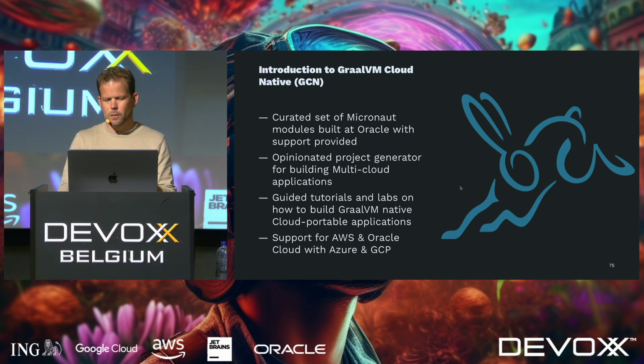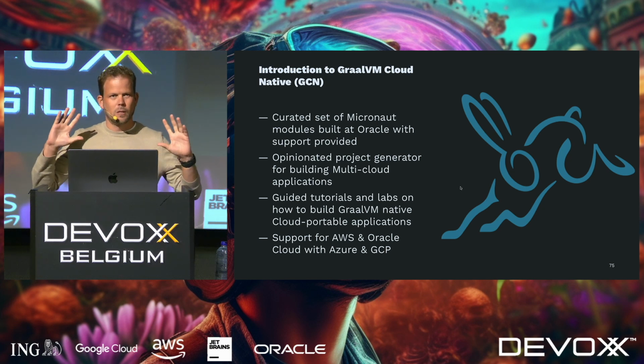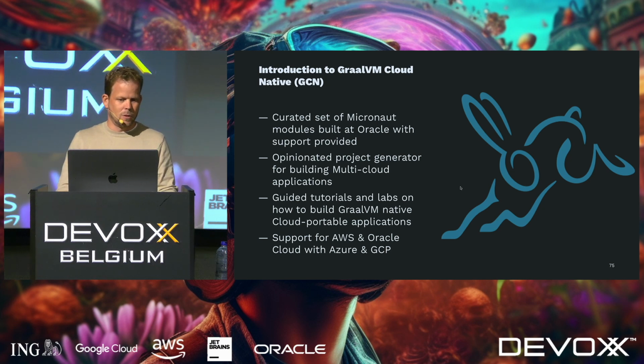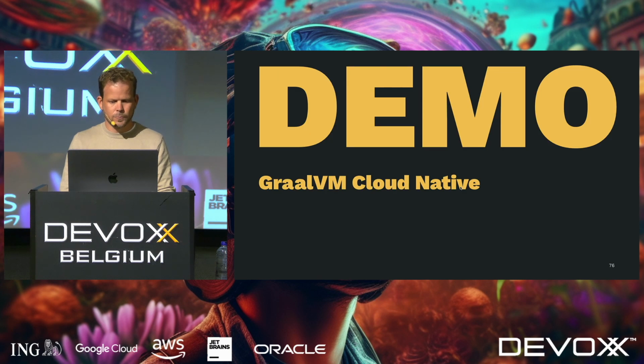All of the artifacts part of GraalVM Cloud Native are Micronaut modules, but they're built at Oracle on Oracle hardware detached from the internet, because many Oracle customers have concerns over supply chain attacks. So we've built everything from source. So I think it's designed for a particular audience, and complementary to the open source work on Micronaut that we are very heavily invested in.